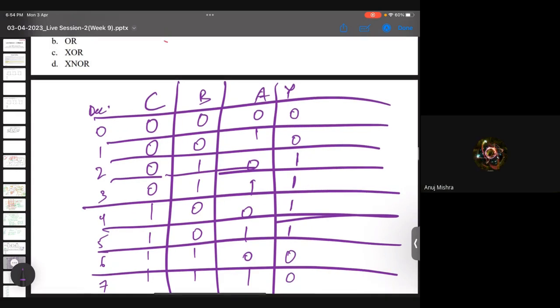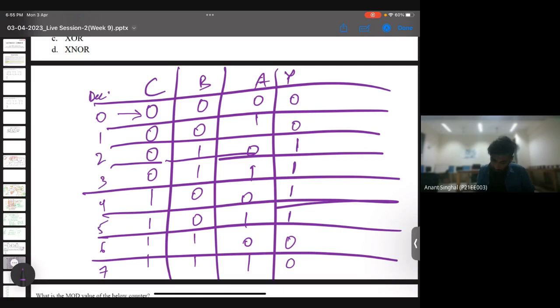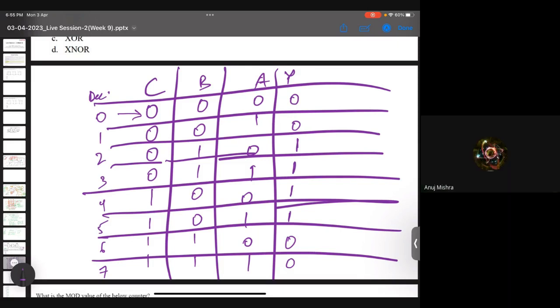Yes, sir. So we are taking the same for two times, right? We have taken 0 0, then 0 0, then 0 1, then 0 1. So we do have to take the same two times. Where is it the same?